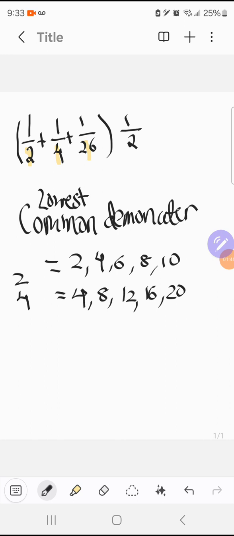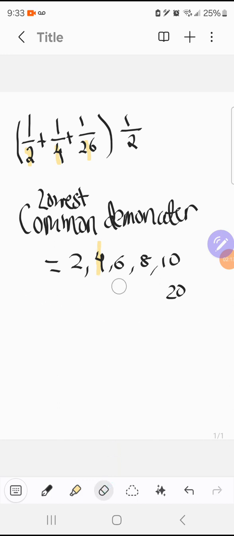I'm listing out the multiples of 2. So 2 times 1, 2 times 2, 2 times 3, 2 times 4, and so on for 4 as well. The lowest common denominator is the numbers where these match up. See, there's a 4 here and there's a 4 here. Another common denominator could be 8 and 8. But the lowest one is 4 and 4 because that's the one that comes first.